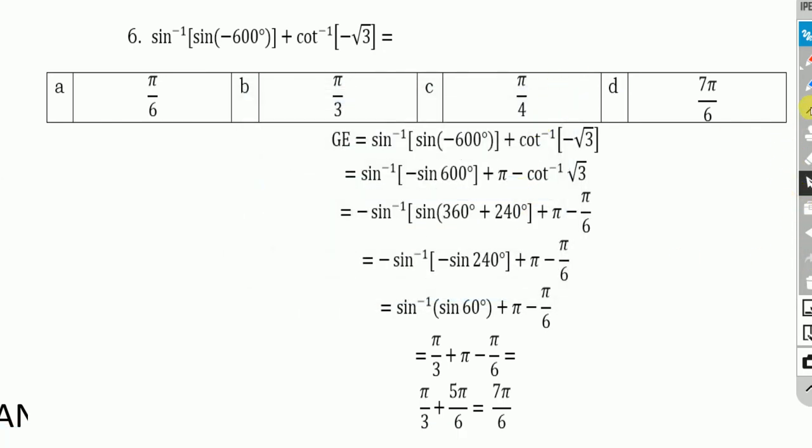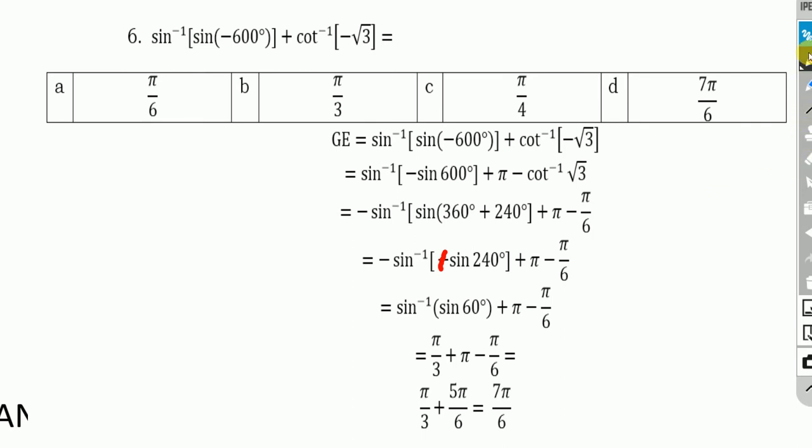Now I have minus sin inverse of sin of 240 plus pi minus pi by 6. Now sin 240 is nothing but sin of 180 plus 60, which will be minus sin 60.